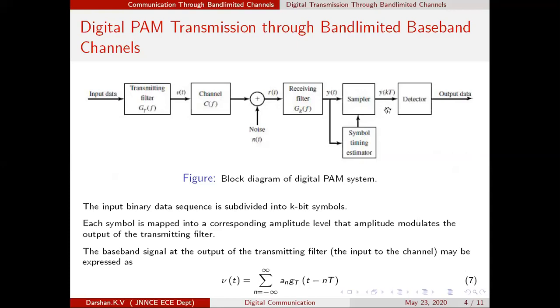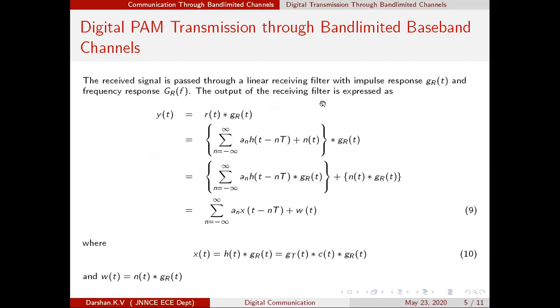By observing the sampled data, we will say, okay, this message has been transmitted. Now the received signal is being passed through the receiving filter. So what would be the expression for the output of the receiver filter?